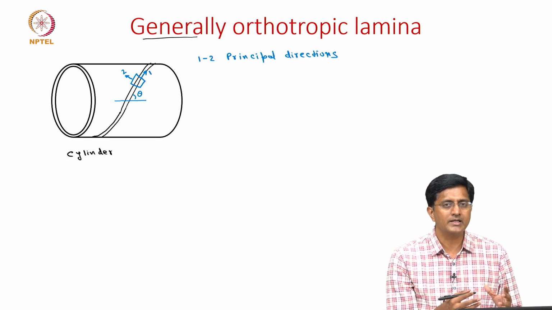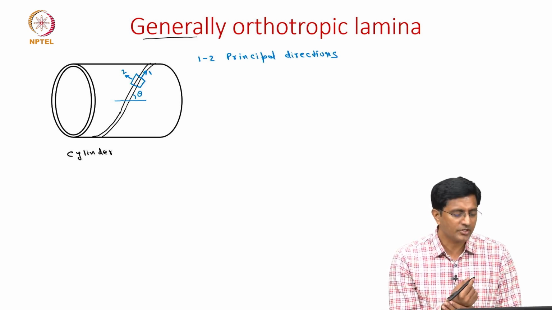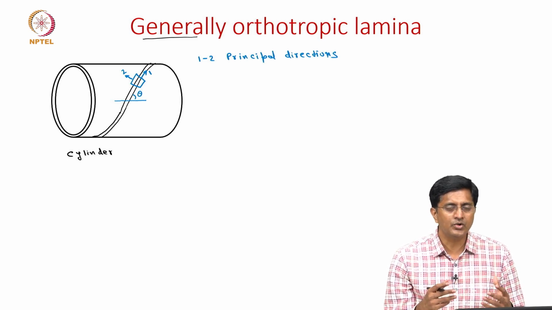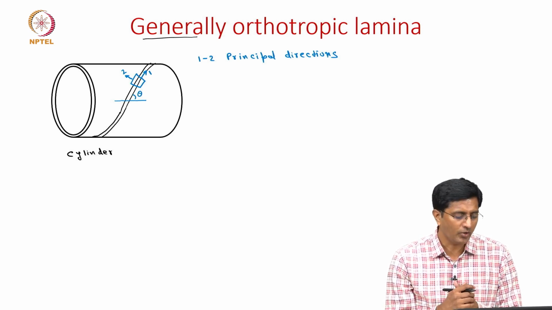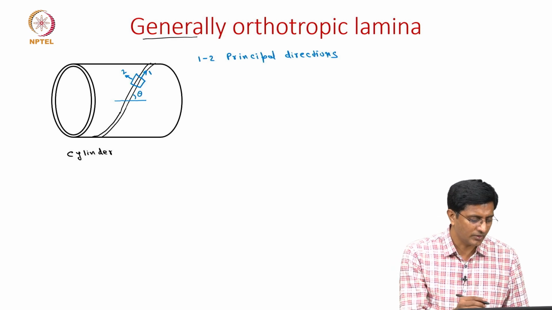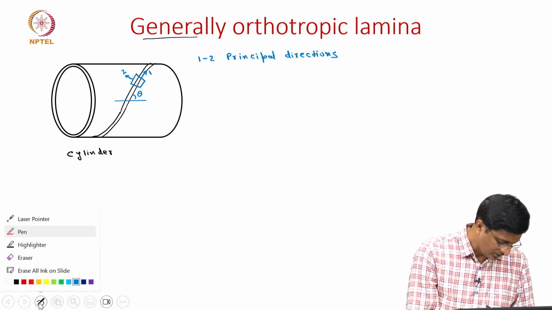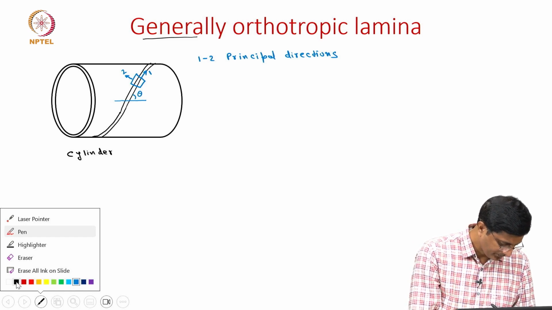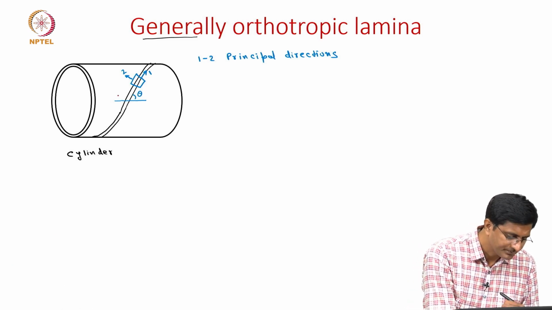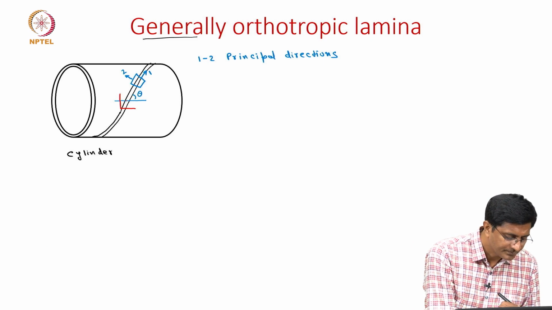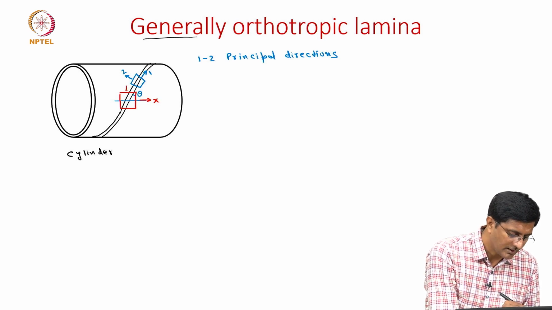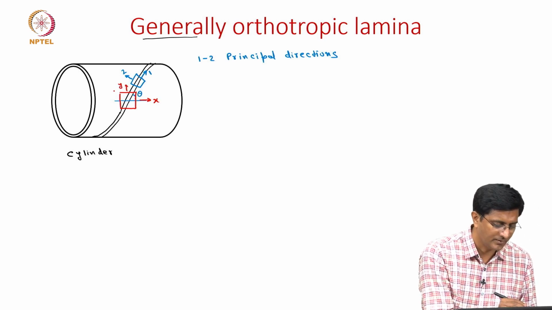But since we are looking at a cylinder, it is good practice to define another coordinate system which is more convenient to the body, the cylinder which we are looking at here. Let us say we define another coordinate system such as this, where the horizontal axis is x and the vertical axis is y.